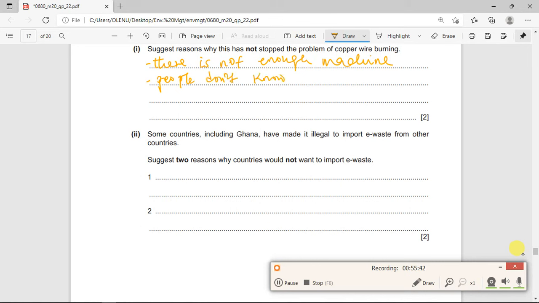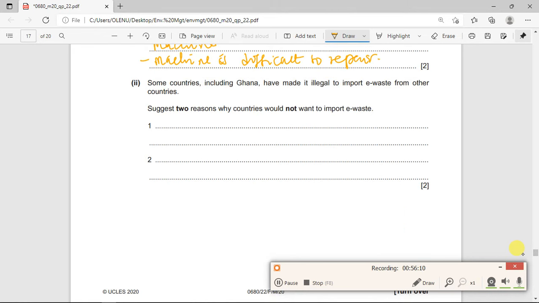They don't know how to use the machine. Another reason can be that the machine is difficult to repair once it has broken down. That's it.